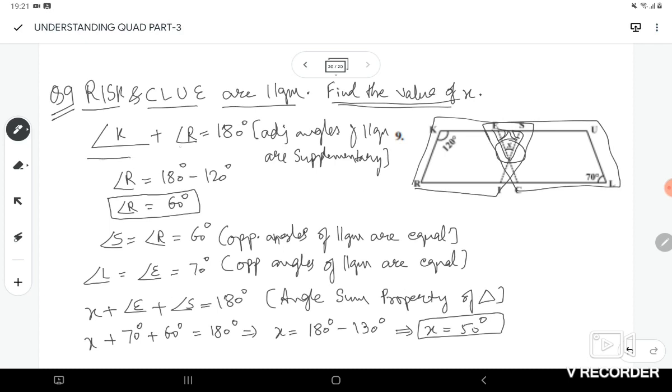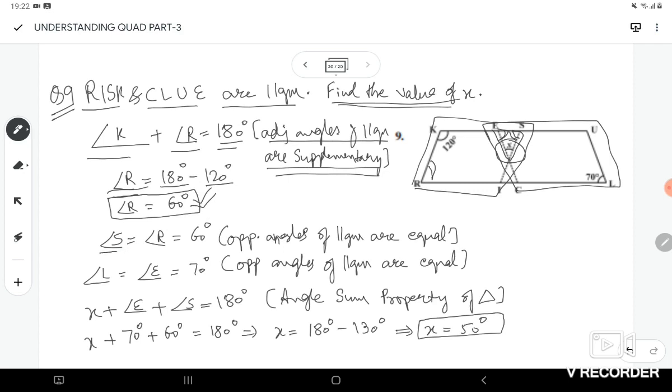So angle K plus angle R would be equal to 180 degrees. Why? Because adjacent angles of a parallelogram are supplementary. So angle R would be equal to 180 degrees minus 120 degrees. So angle R comes out to be equal to 60 degrees.